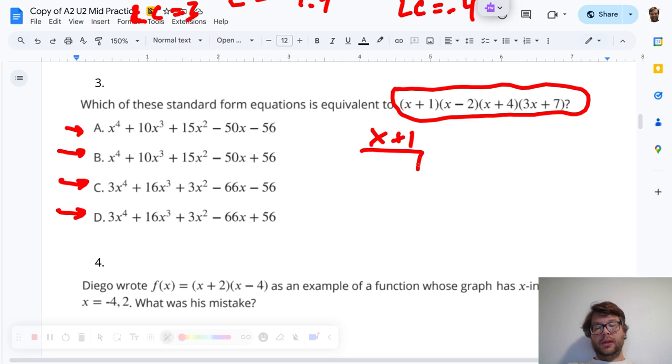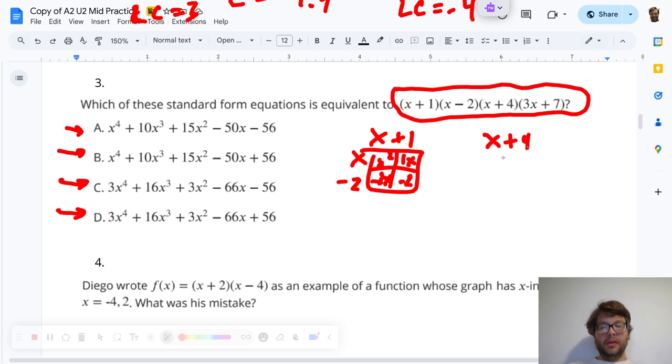So x plus 1 times x minus 2. We go x squared, 1x minus 2x minus 2. Sorry, I made my box kind of small there. Here I've got x plus 4 and 3x plus 7. So x times 3x is 3x squared. 4 times 3x, x times 7, 4 times 7.